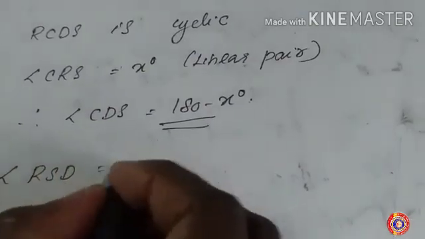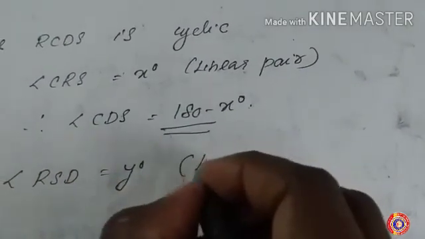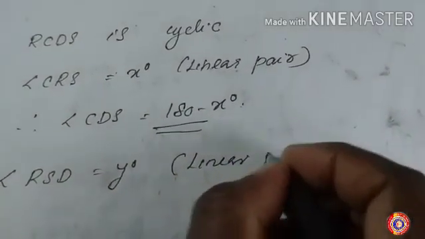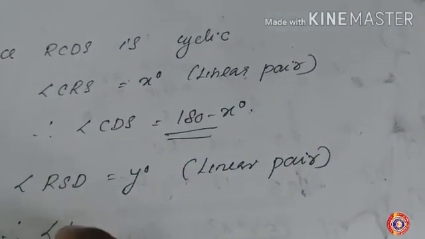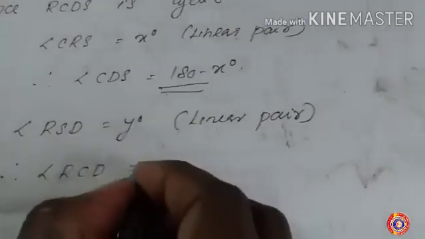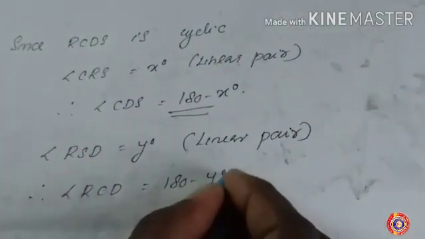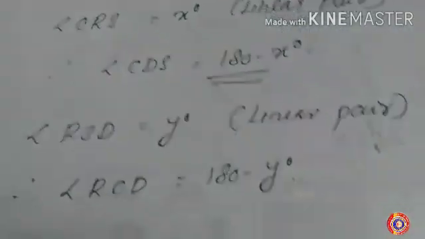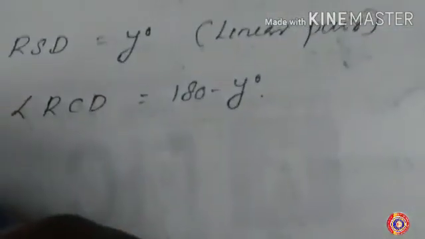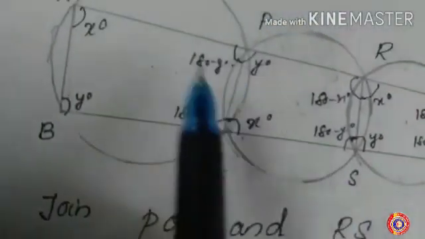Similarly, angle RSD equals y degree, a linear pair. Therefore, angle RCD equals 180 minus y degree. Okay, here we got all the four angles of quadrilateral ABDC.